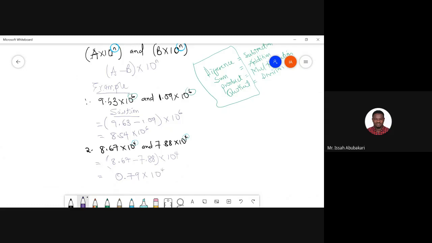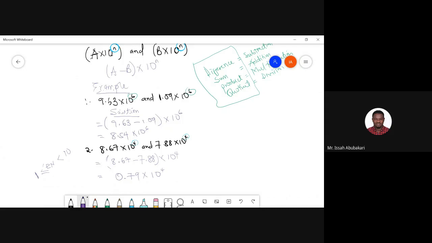But we also said that exponential notation is a range between 1 and 10, where the number is greater than or equal to 1, but less than 10.